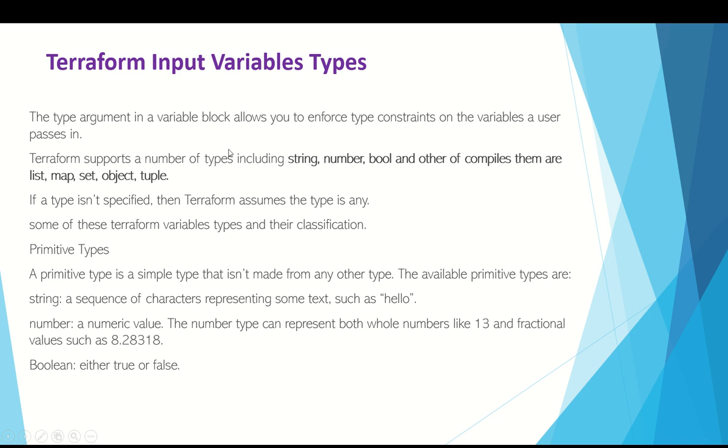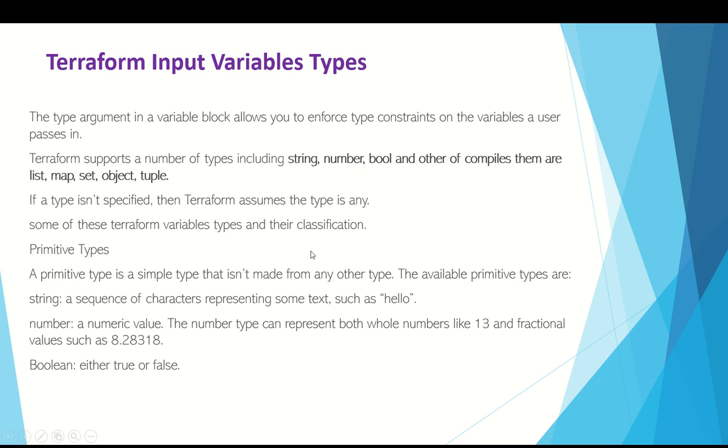As discussed, the types of variables we have are string, number, bool, and some other types like list, map, set, and object. Most of the time we will be using the first two.